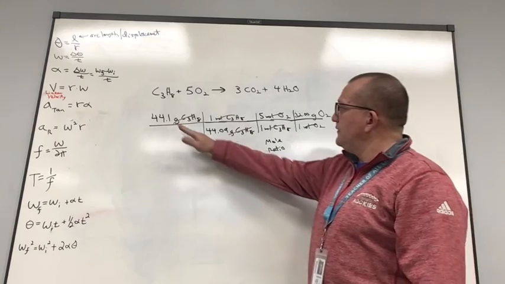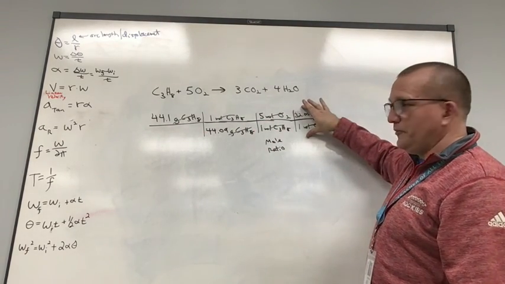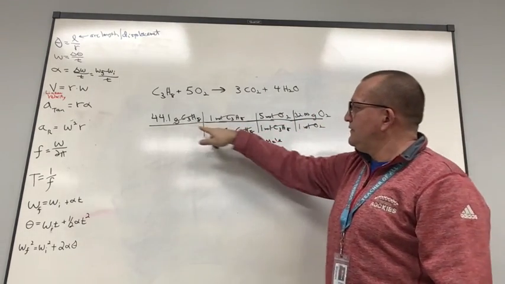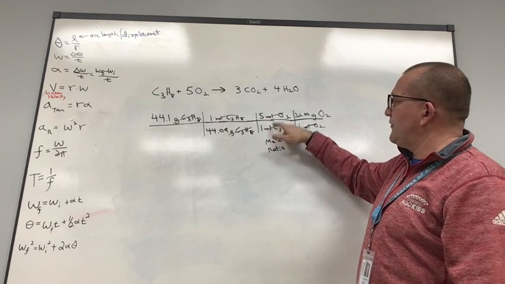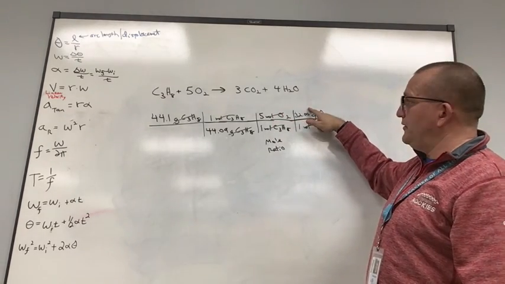All right, so divide by molar mass, mole ratio, multiply by molar mass. And that's how we go from mass to mass. Divide by molar mass of what we start with, do my mole ratio, what I start with, where I'm going, then multiply by the molar mass of where I'm going, okay?